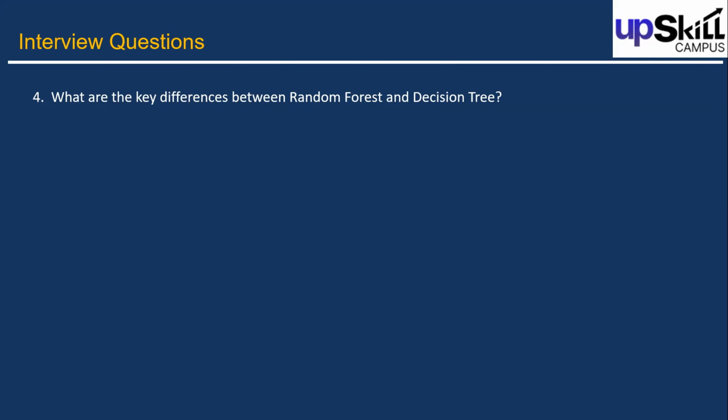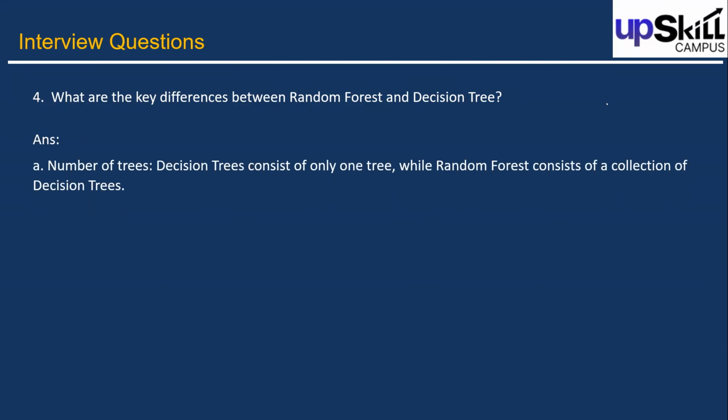A decision tree has just one tree which votes, like 1 or 0 in a binary classifier. In random forest, 10 or 12 or 1,000 different trees vote on what the output should be. And then you get an output.